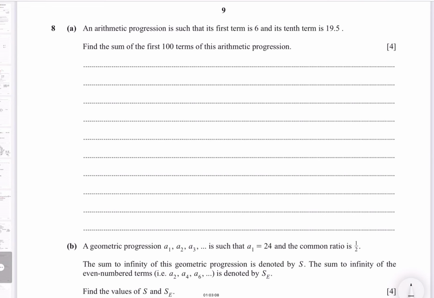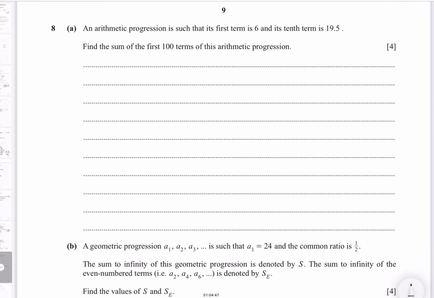Alright, question 8a. An arithmetic progression is such that its first term is 6 and its 10th term is 19.5. Find the sum of the first 100 terms of this arithmetic progression. So your first term is 6 and the 10th term is 19.5.